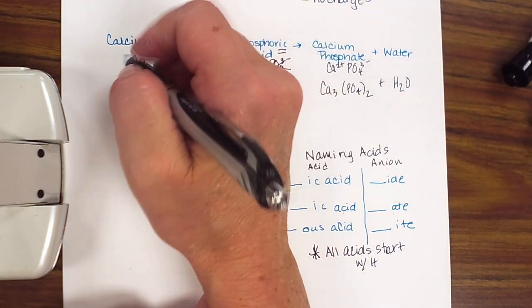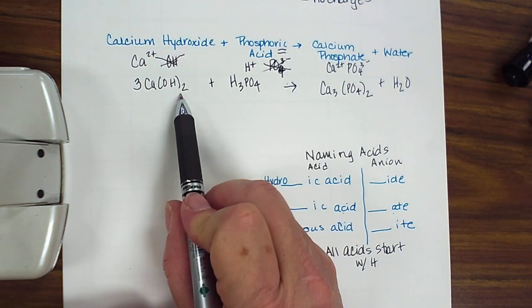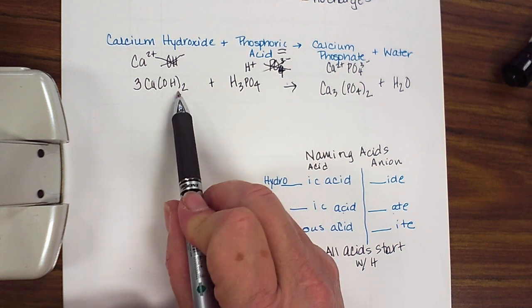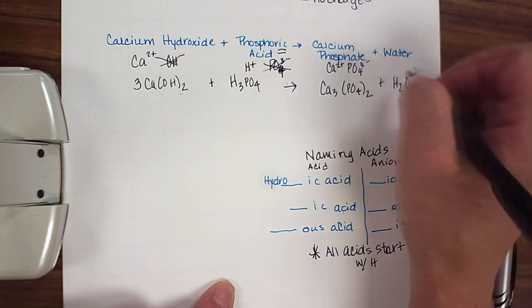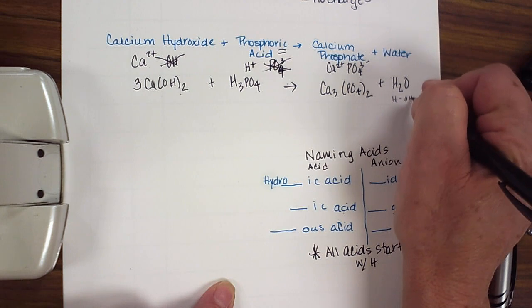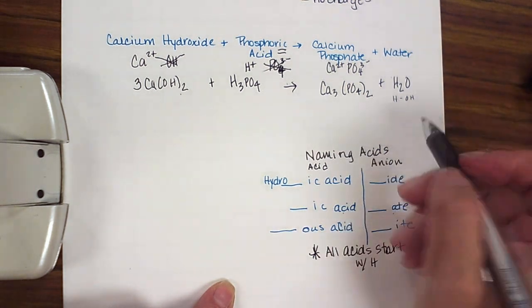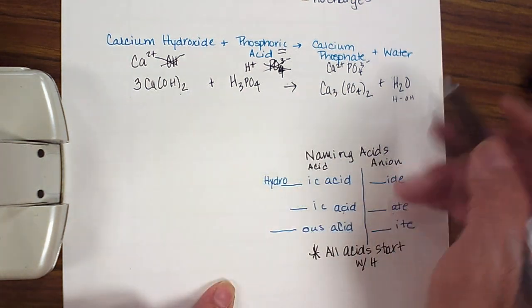So I have 3 calciums here, and then 2 HOHs, like 2 hydroxides. So I have 1 hydroxide here, and this is one of those places where I like to separate this. The reason is I can see that I have 1 hydroxide. I need 6.